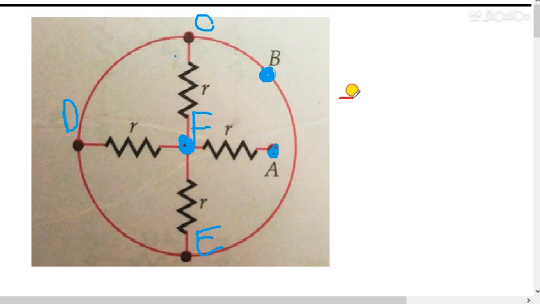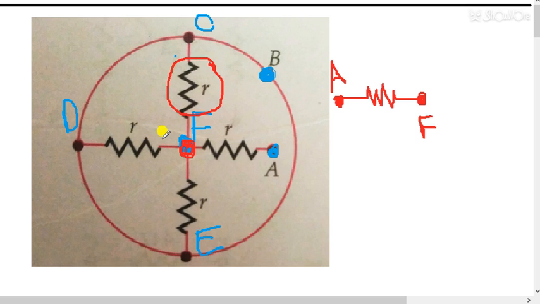Starting from point A, we move to point F. Now see, point F is common with three resistances, this resistance, this resistance, and this resistance also. So now I have to connect F with three resistances.